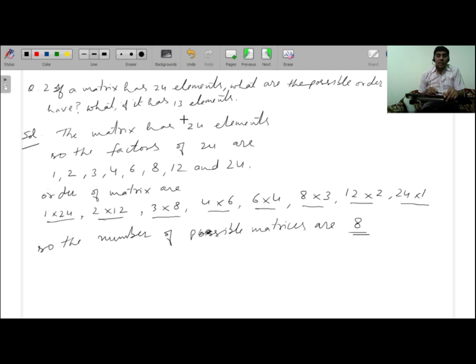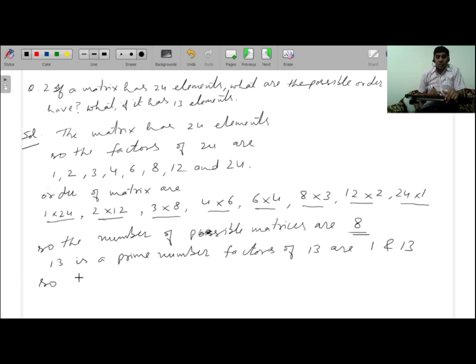In this question, again, if it has 13 elements, 13 is a prime number. The factors of 13 are 1 and 13.